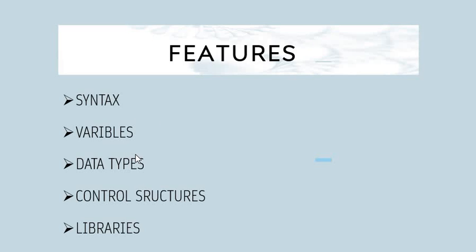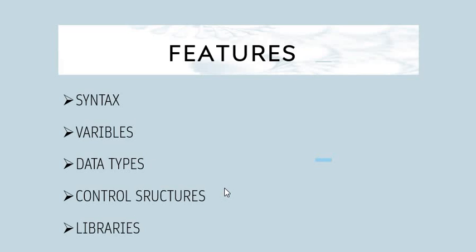Next is data types, also a very important feature in every programming language. A data type defines which type of data is contained: numbers, values, or strings. So we define the type of data using a data type.